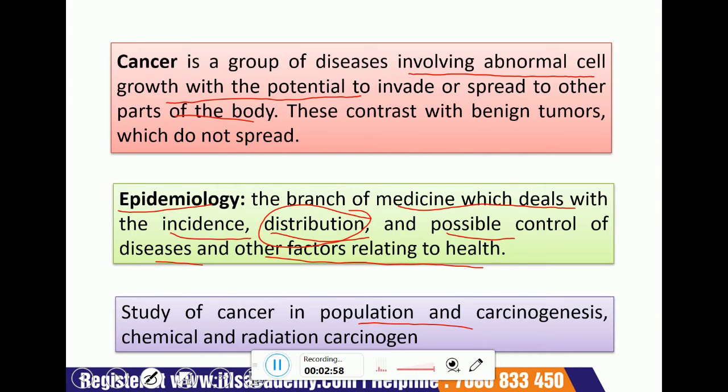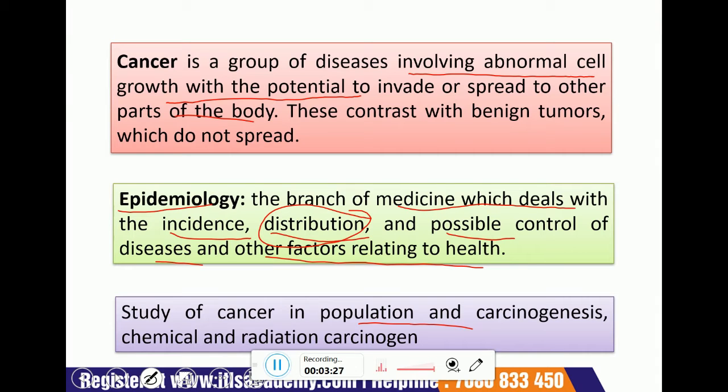So it is the study of cancer in population, like in India, if we do a particular study on what percentage of people below a particular age group are getting affected by lung cancer, then it is a population based study. We are generating data to generate results based on which the government can take decisions, such as which vaccine is to be given and at what particular time.